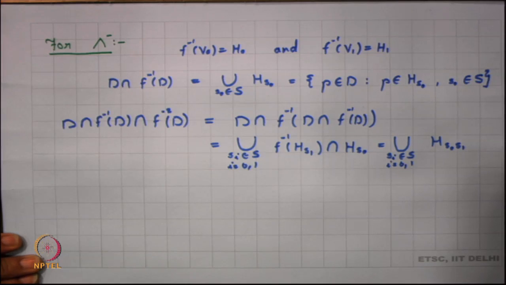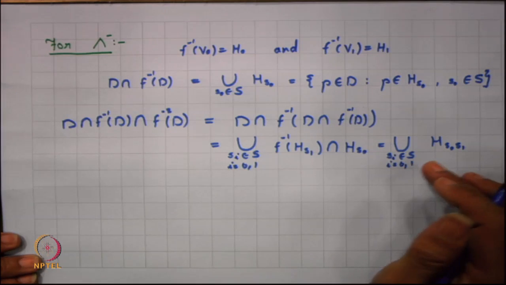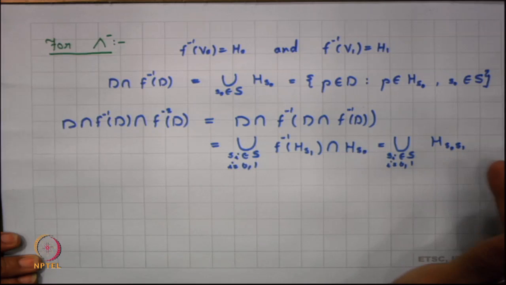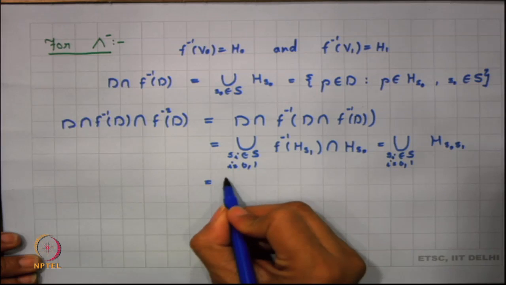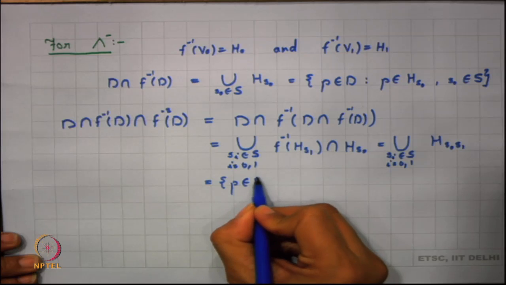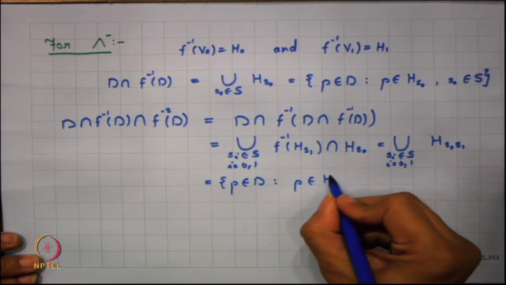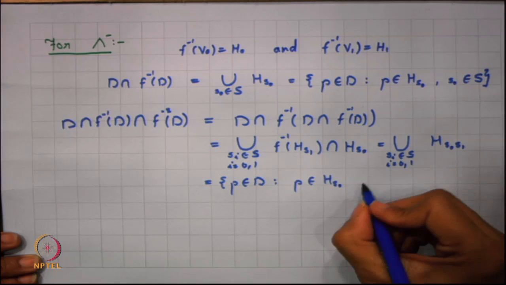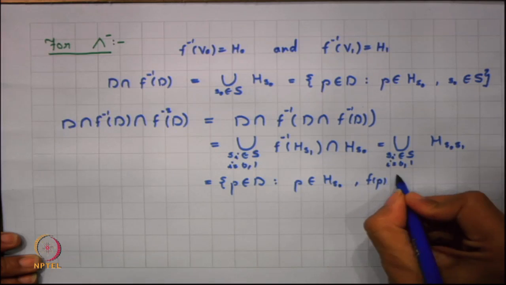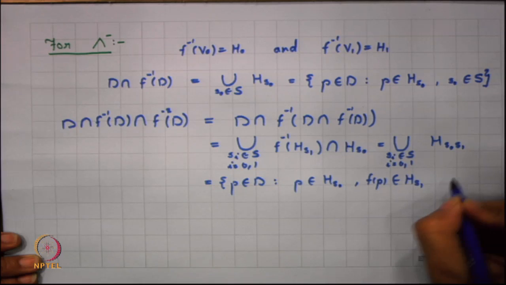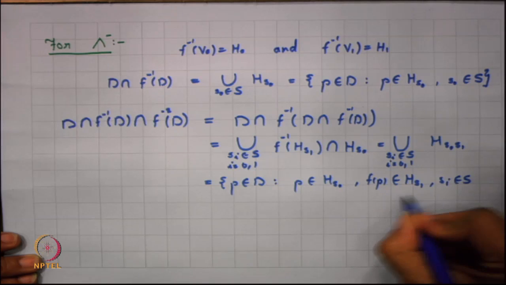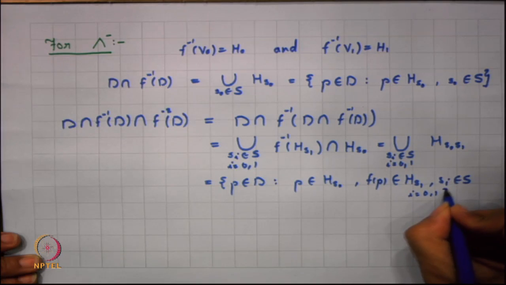So, I have horizontal rectangles here which are labeled as S naught S 1, where S naught is from S and S 1 is also from S. I can write it in terms of P as the set of all P in D such that P belongs to H of S naught and f of P belongs to H of S 1, where Si belongs to S and i is 0, 1.